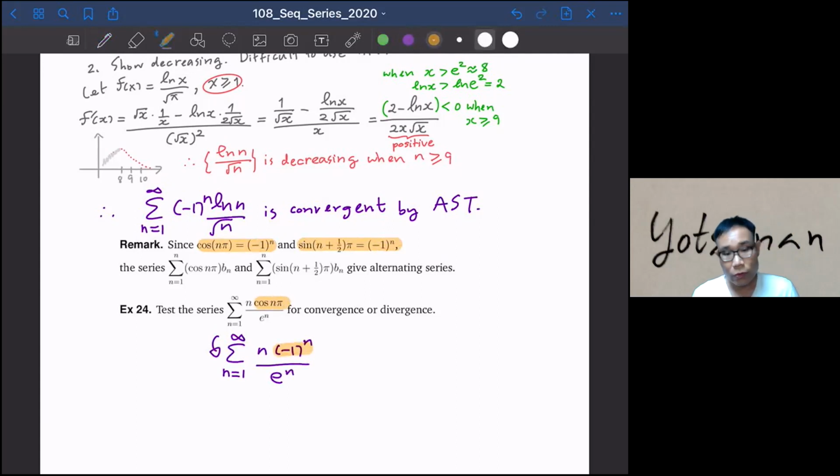So you have your bn given by n over e to the n. Please try to use AST to test whether this series is convergent. I'm going to leave you with this one.